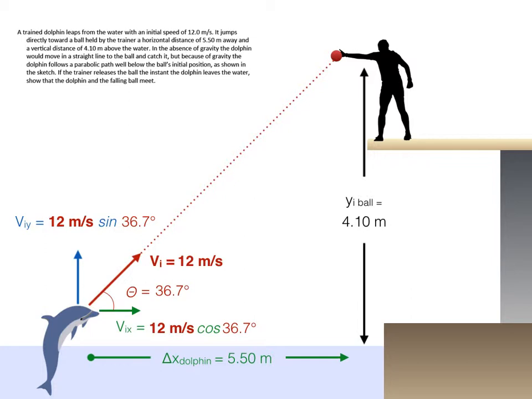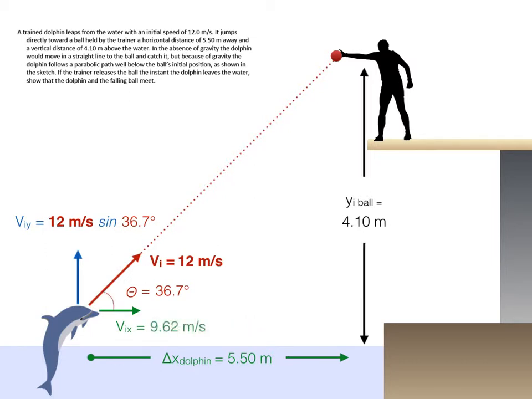I'm having them show up right next to the x and y components. You might want to write them in two different columns, x values and y values. Wherever you write them, we're going to calculate them.